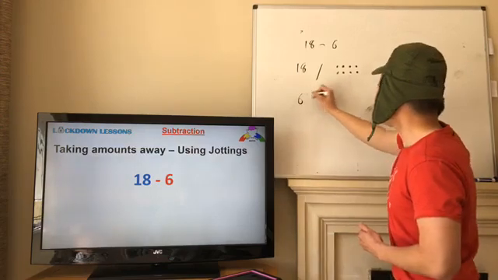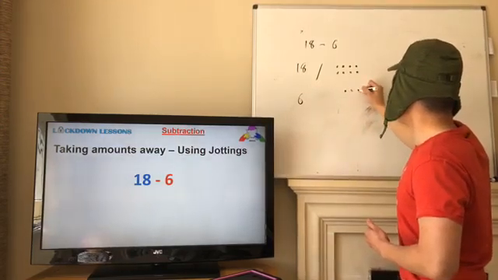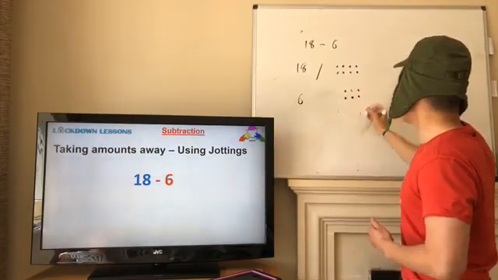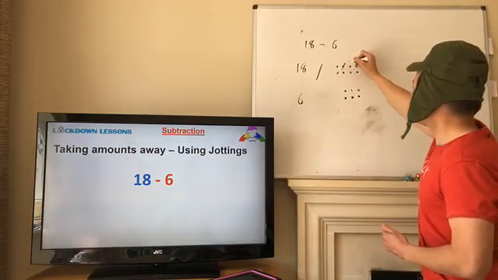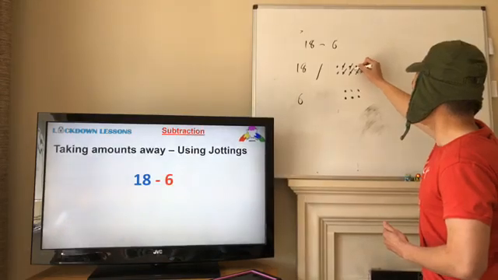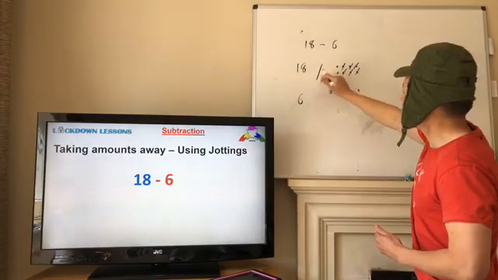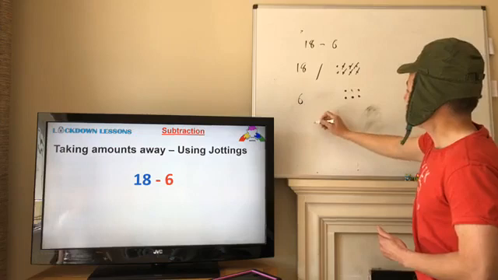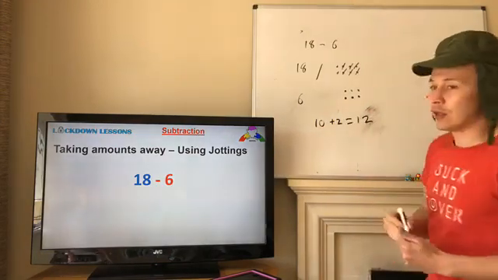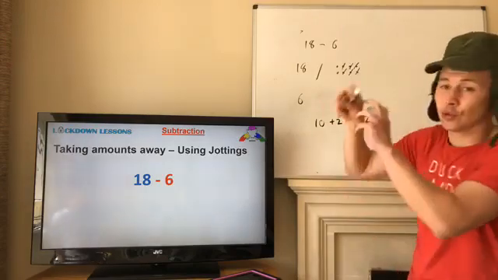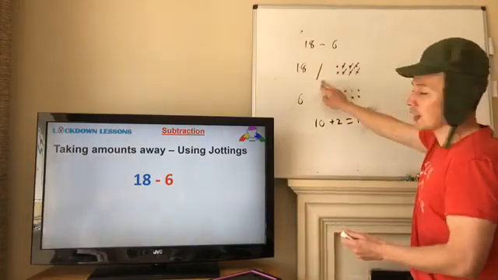We put our 6 down. This is going to be very similar, but you just write this down. And then we don't want those 6, so we can cross off those 6 from there. 1, 2, 3, 4, 5, 6, and you are left with a 10 and a 2. So you're left with 10 plus 2, which equals 12. So jottings are faster. You don't draw all the dots down, you just draw the lines down.